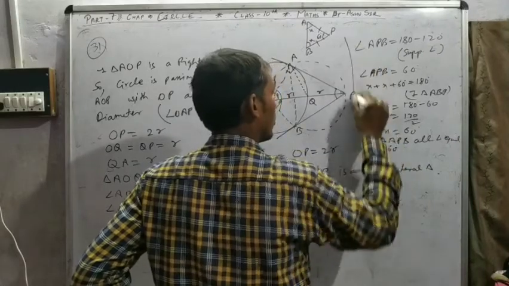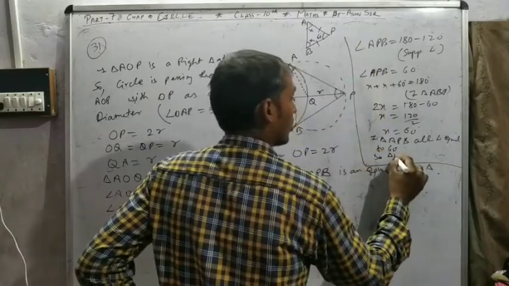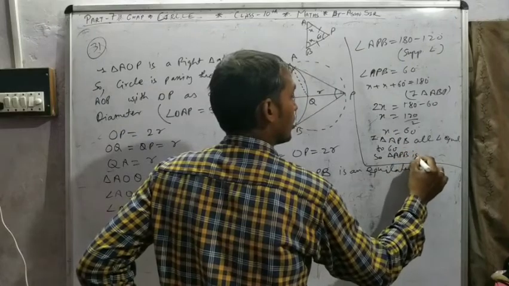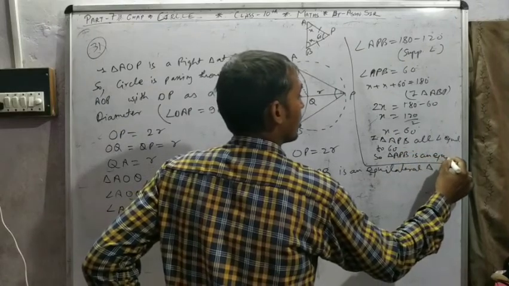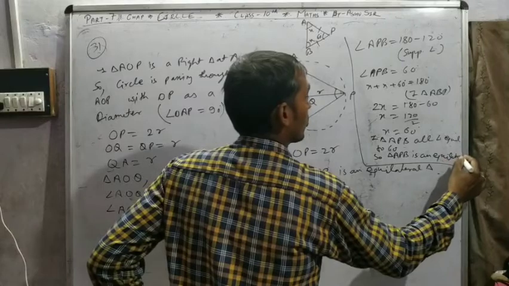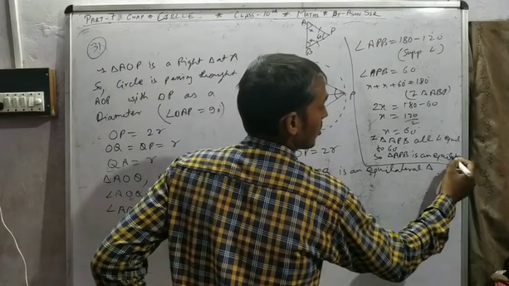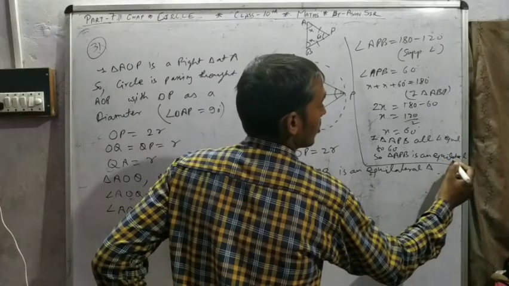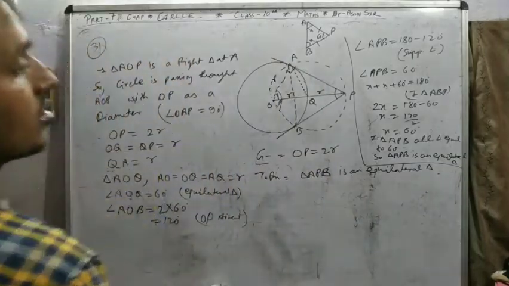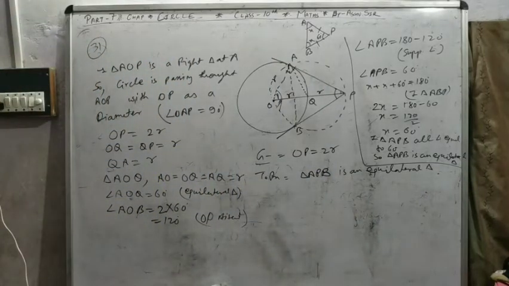So triangle APB is an equilateral triangle. See very carefully, very good question, and only one concept used here.